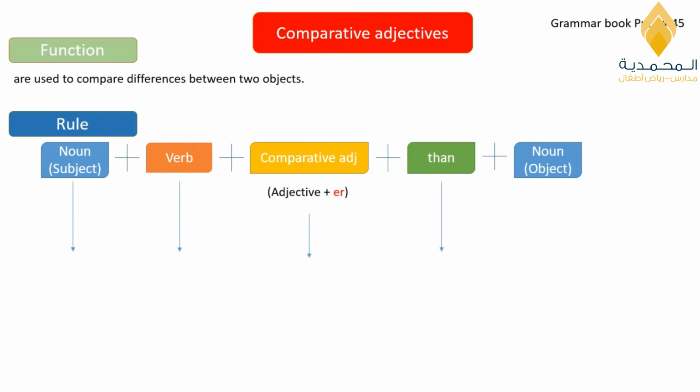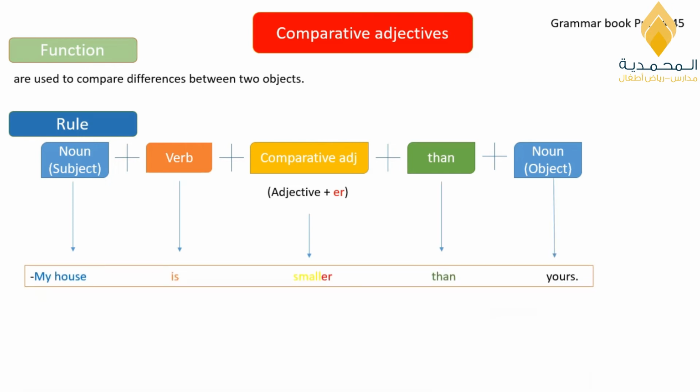Let's see some examples. Number 1. My house is smaller than yours. So we compare between my house and yours. The adjective here is small. We add er to small, so it becomes smaller.